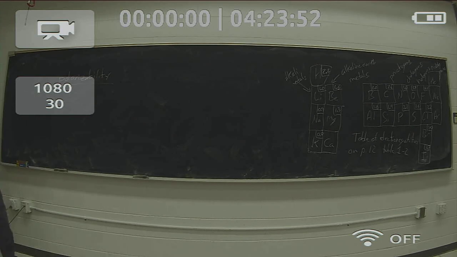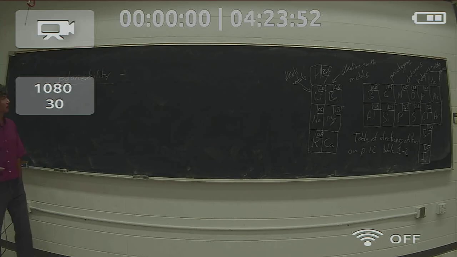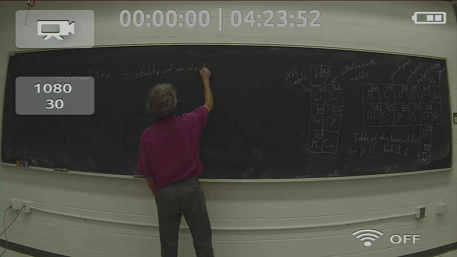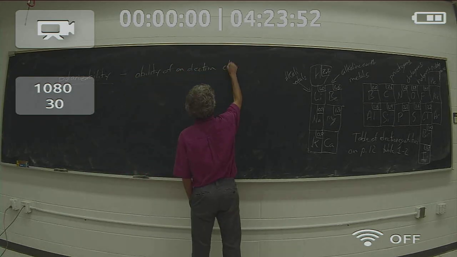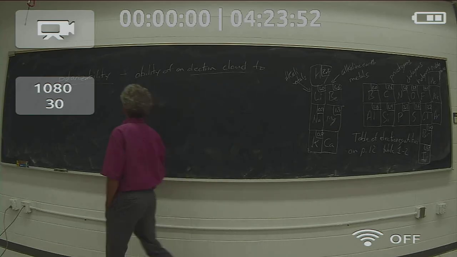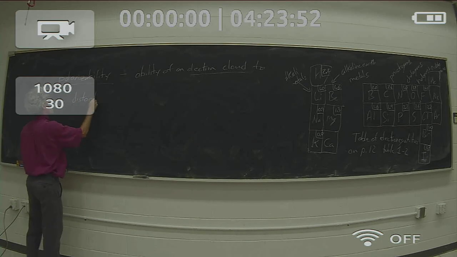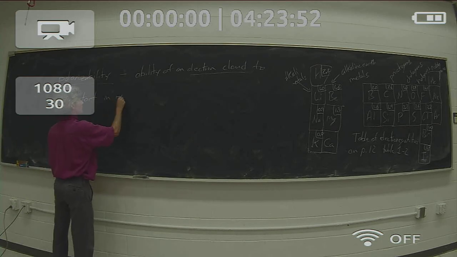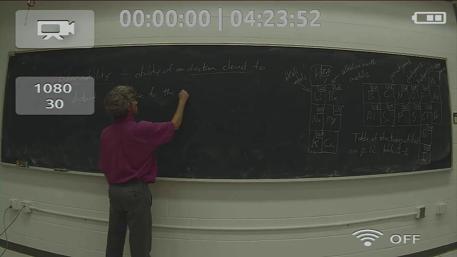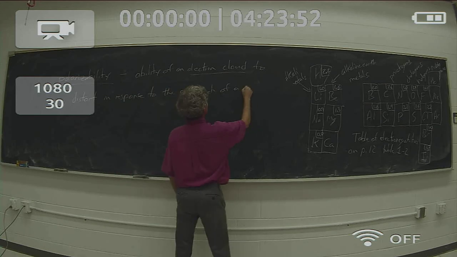So polarizability is the ability of an electron cloud to distort in response to the approach of a point negative charge.